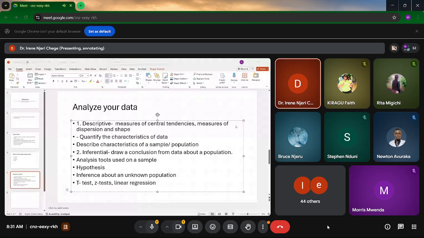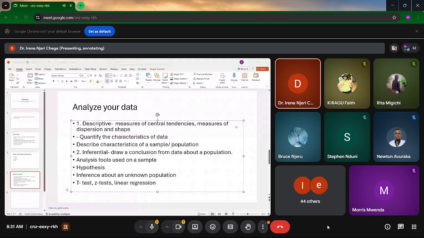So there are two ways of analyzing your data, descriptive and inferential statistics. Descriptive statistics, we said, quantifies the characteristics of data. We have given examples that you can cover: measures of central tendency, measures of shape, measures of dispersion.